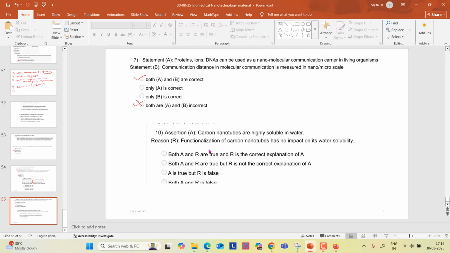Reason: functionalization of carbon nanotubes has no impact on its water solubility. I think carbon nanotubes are highly soluble in water is a wrong statement. And functionalization has an impact. So both A and R should be false. This is the last option.